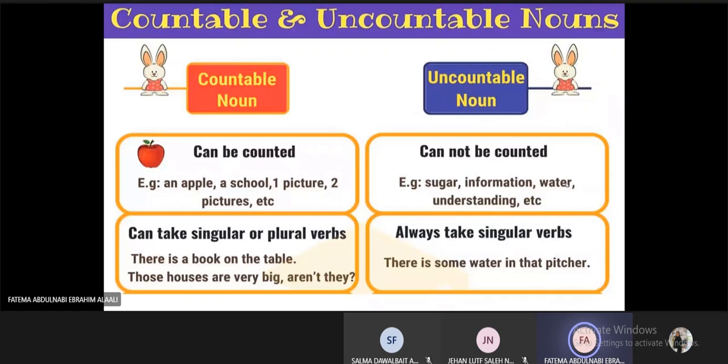But for uncountable nouns, we always take singular verbs, like there is some water in that pitcher, okay? So most important, the verb, singular or plural. For countable, we can use both according to the noun, and for the uncountable, we always put the singular verbs.